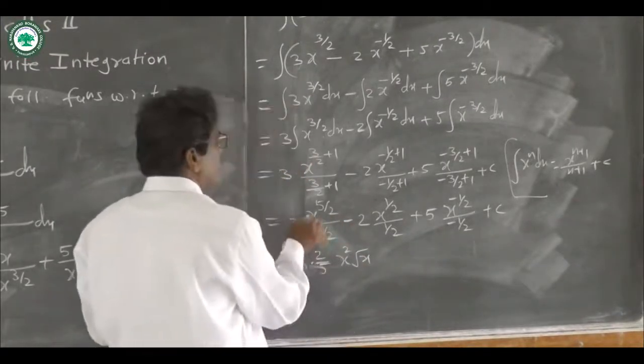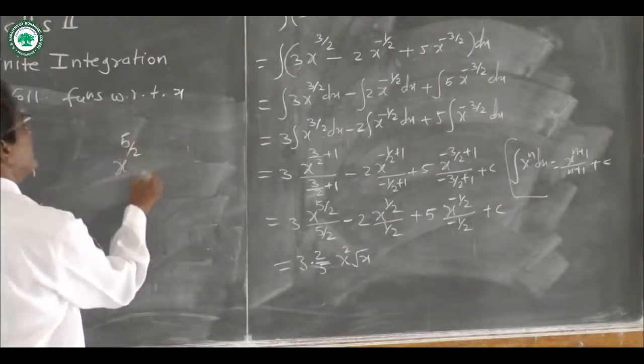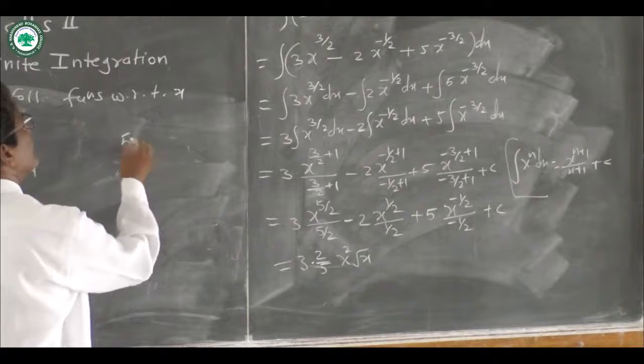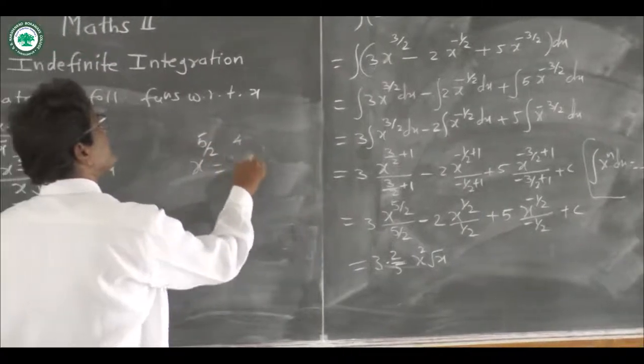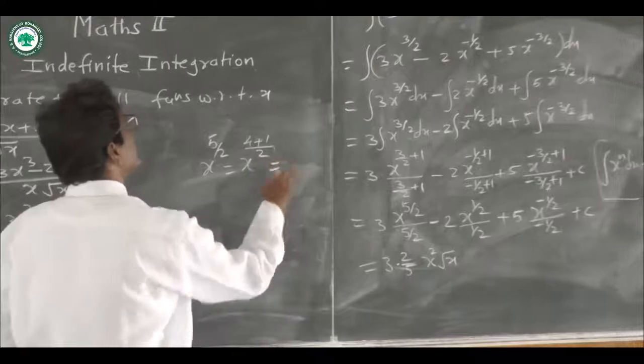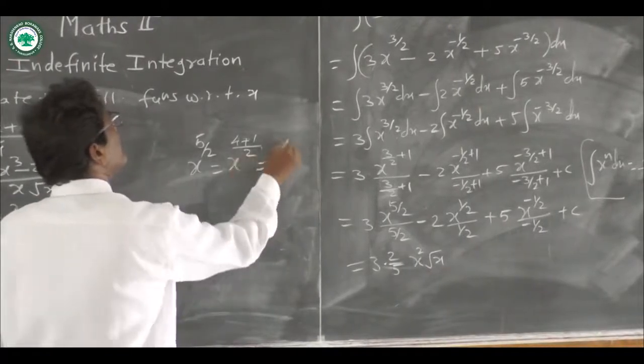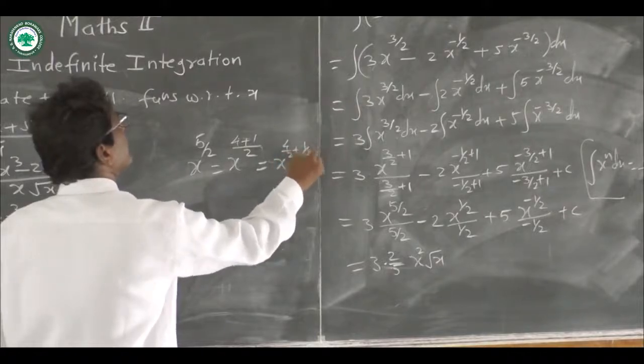Now see here x to the power 5 by 2 is equal to, we write this 5 as 4 plus 1 divided by 2. So it is equal to x to the power 4 divided by 2 plus 1 divided by 2.